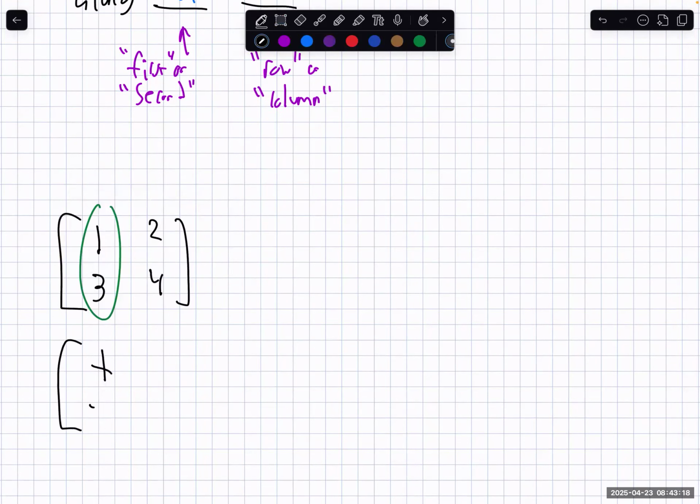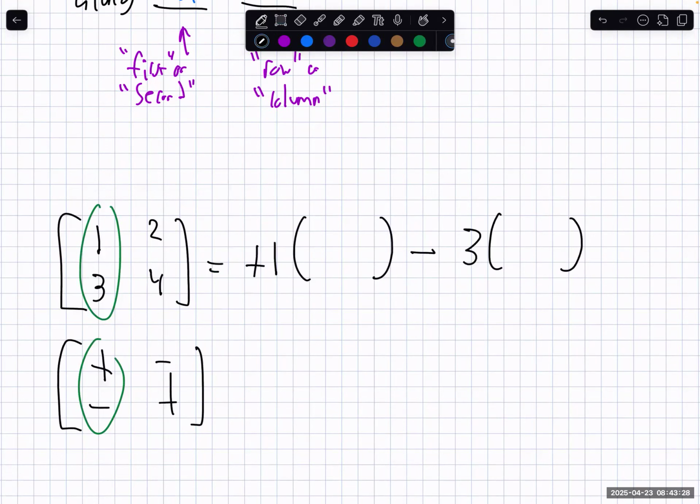I put the checkerboard underneath. So it's that first column here. So I get +1, -3. I'm using the first column entries as coefficients, and whether I keep them or change their sign according to the checkerboard.